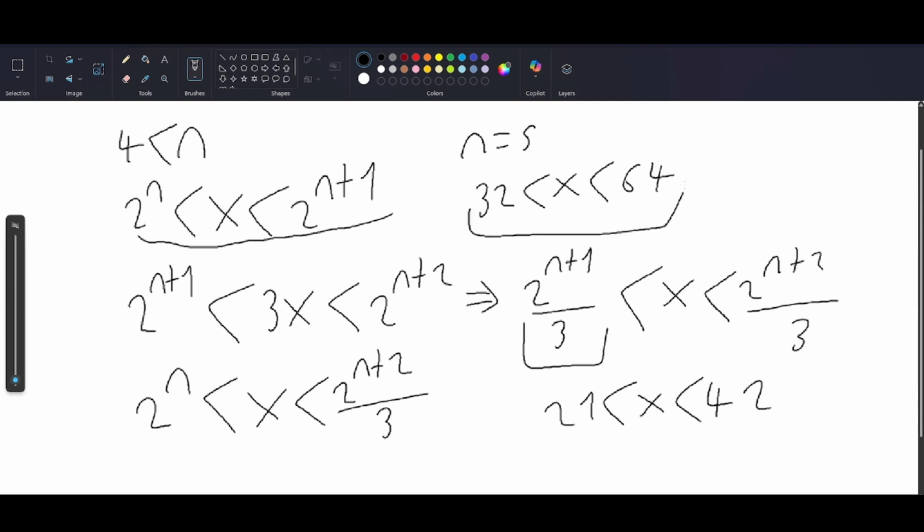Now, we are given that x is in this range, but the second equation tells us that x can also be in this range. So we are going to take these two equations and look for the intersections. So in the second equation, x can be 22, but in the first equation, x can't. In the first equation, x can be 63, but in the second equation, x cannot.